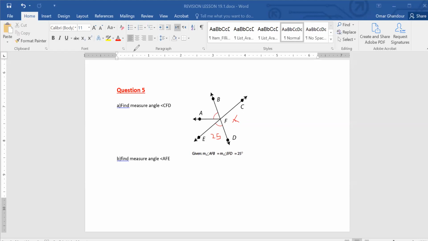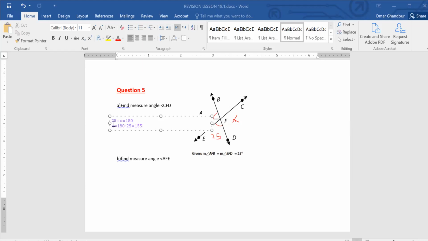Very good. So you write 25 plus x is equal to 180. And then you shift 25, x equals 155. So 180 minus 25 is going to be 155. Exactly.